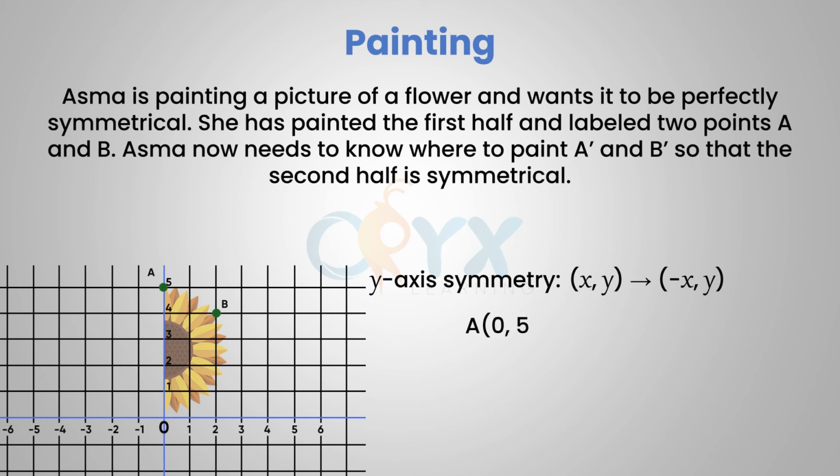So for our point (0, 5) for A, multiplying the x by -1 will still give us (0, 5). For the original point B, (2, 4), if I multiply the x value by -1, I will get B prime, (-2, 4). So the coordinates that she needs to paint are A prime (0, 5) and B prime (-2, 4).